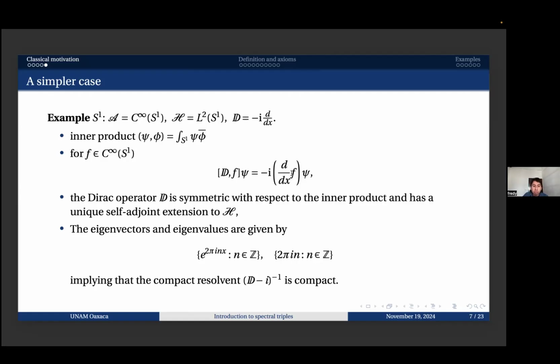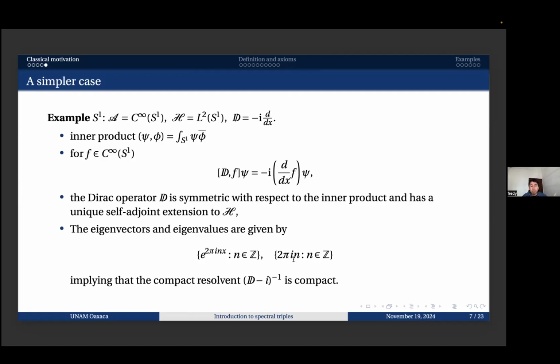It's not difficult to see that this is symmetric with respect to this inner product and admits self-adjoint extensions to the Hilbert space. The eigenvectors and the eigenvalues are given by these functions and these numbers.